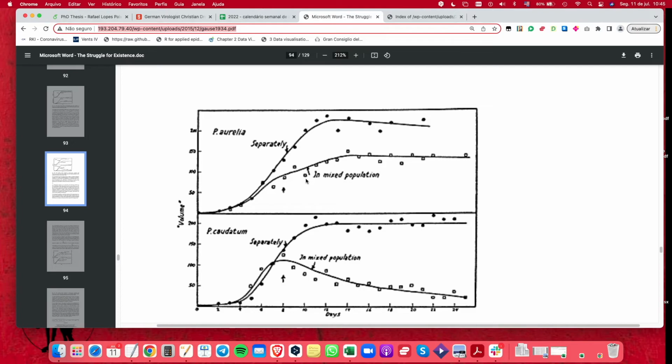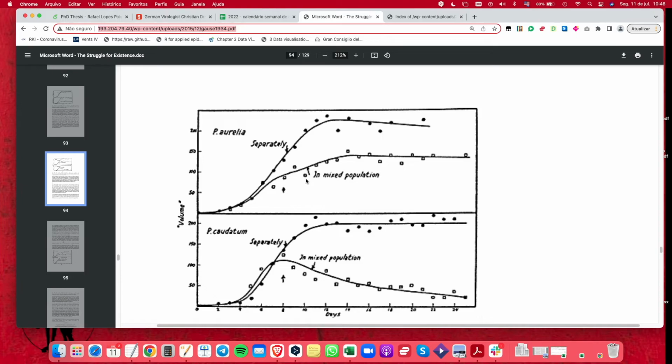This kind of reasoning, this kind of competitive elimination, later took the form of defining what's called a niche. There has been a lot of debate, and it's a little bit outdated today, but it's incorporated into normal ecological thinking: maybe I have a multidimensional niche, not only one resource. I have several resources.